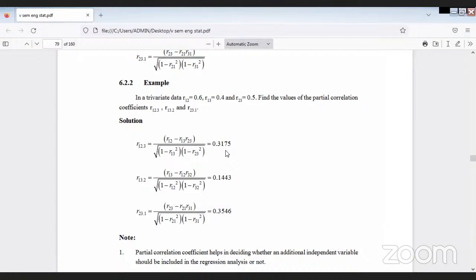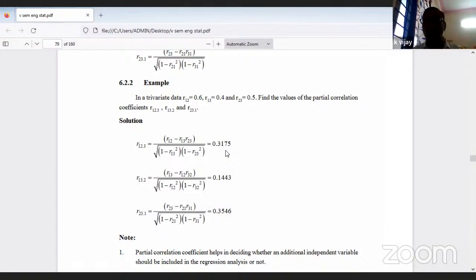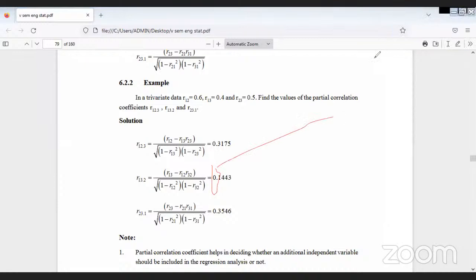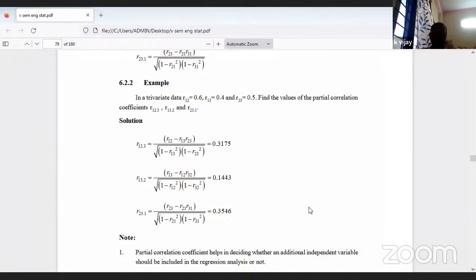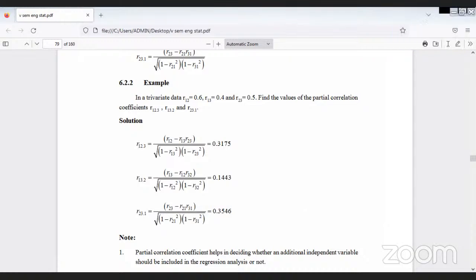Okay, 0.1 is correct. Second one 0.14433, correct, sir.